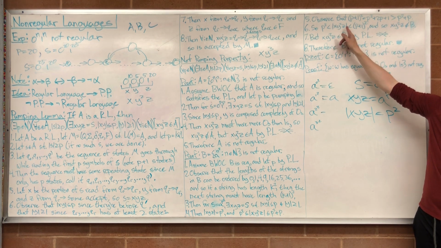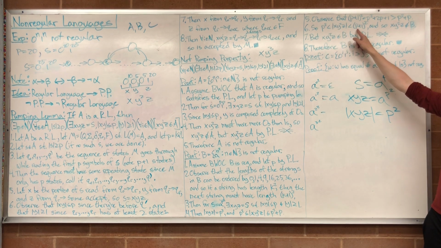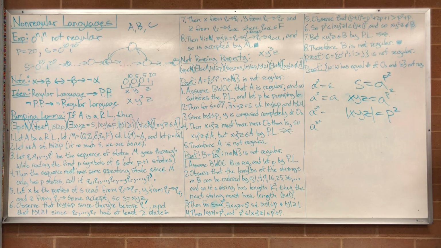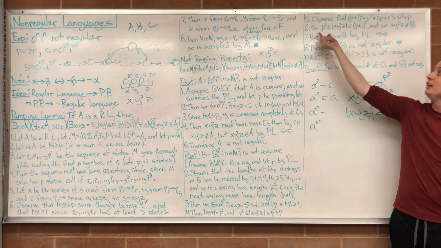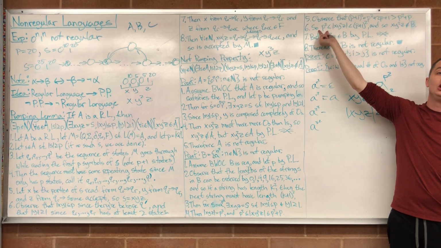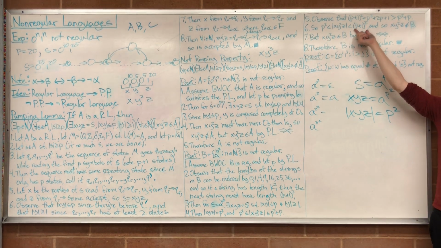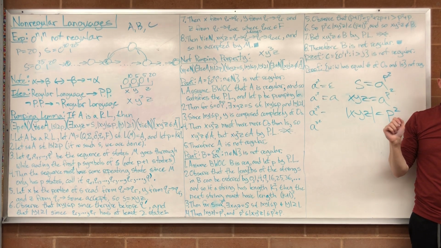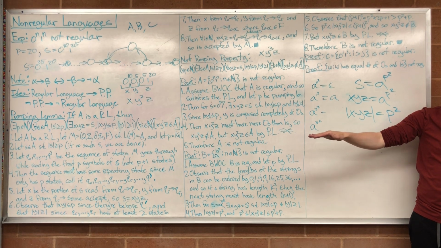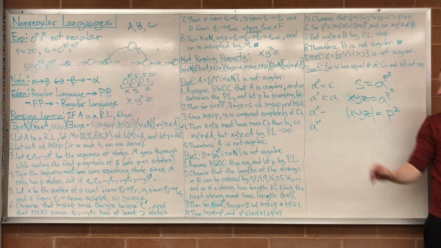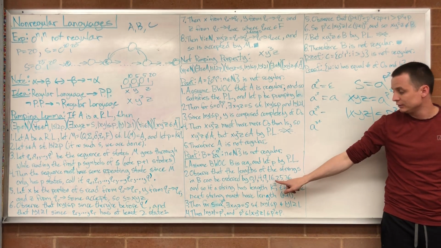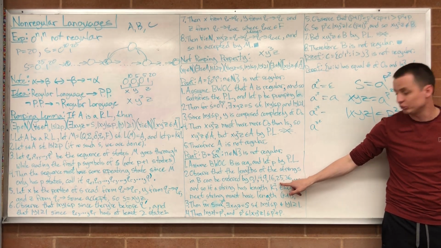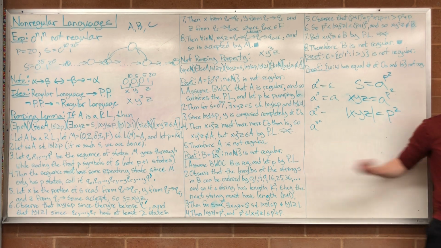So XYYZ has a length between P squared and P plus 1 squared. And we already talked about how if one string has this length, your next string has to have this length. This is a string whose length is between both of those, and so it can't be in the language. There is no string that has length between 16 and 25, or between 25 and 36, or between 36 and 49.